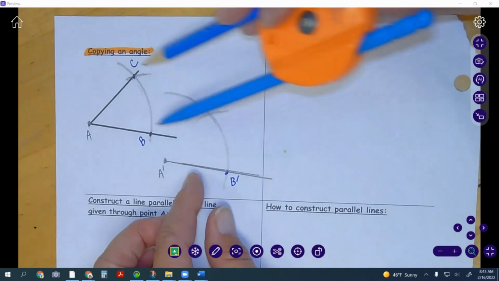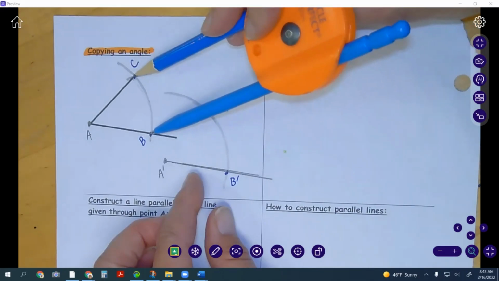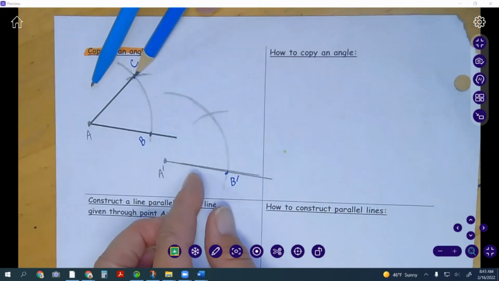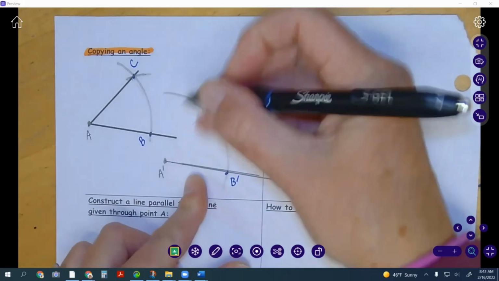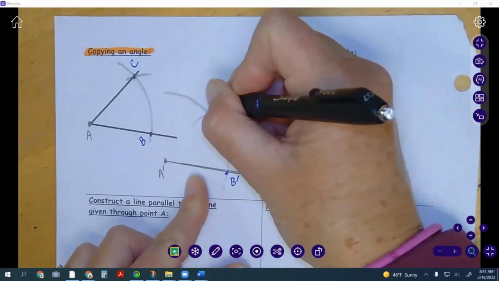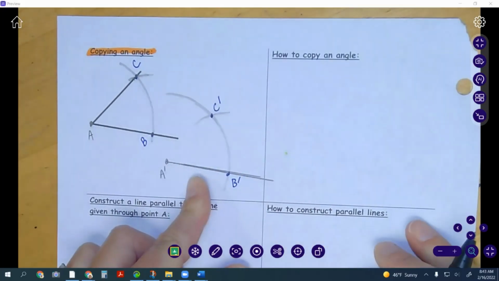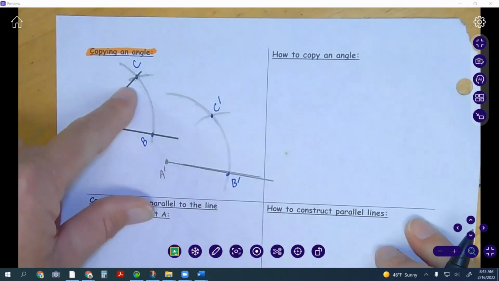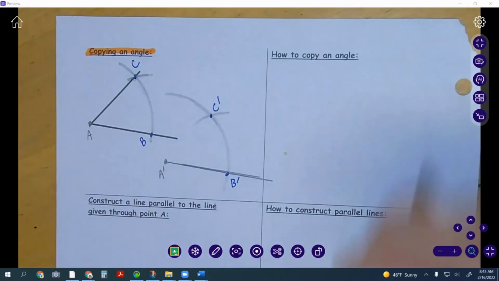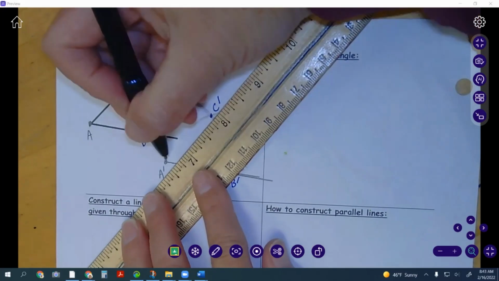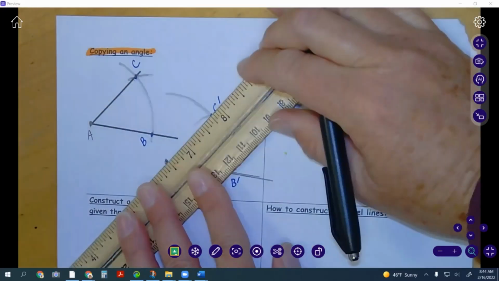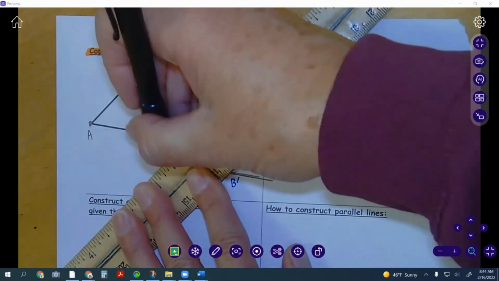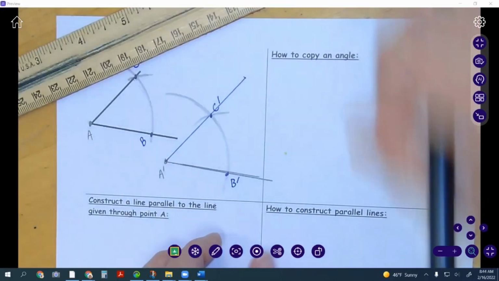Then I came over here, and I draw at B prime, and I get this point here that I'm going to call C prime. That corresponds to this C. And then I can take my ruler and connect A prime to C prime. And there's my angle.